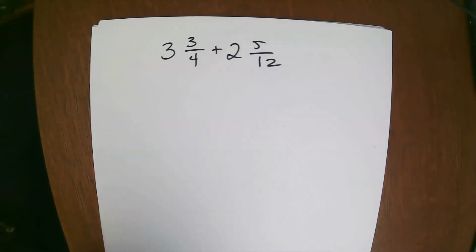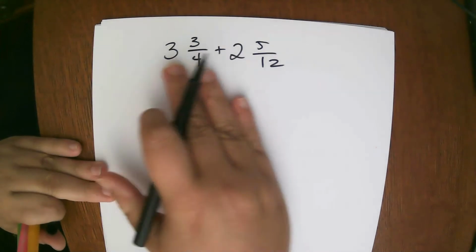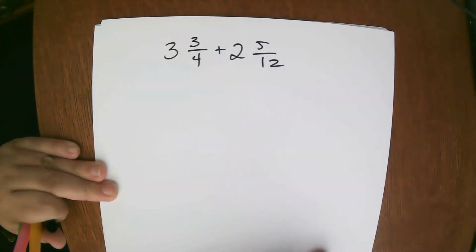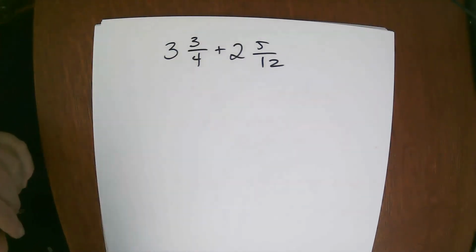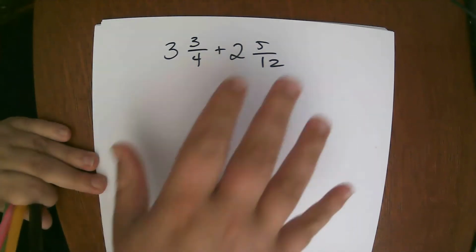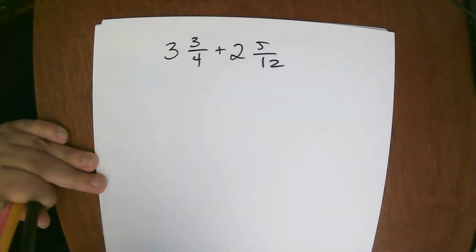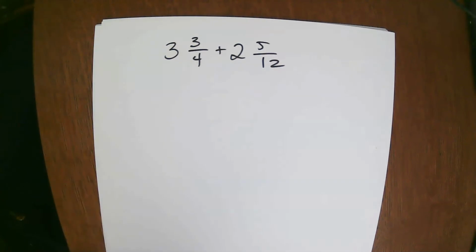Okay, so there's a couple ways you can do this. I don't want to say ways, but looks. There's different looks to this, and you can decide which look you prefer. So first I'm going to solve this horizontally, and then I'm going to show you vertically, and you can decide which way you prefer. The method is the same, but the visual is different.